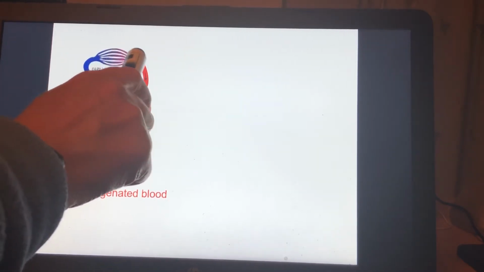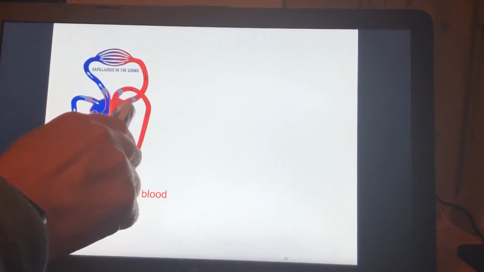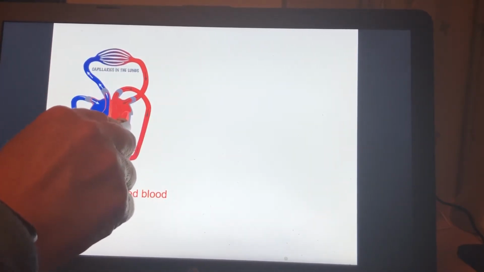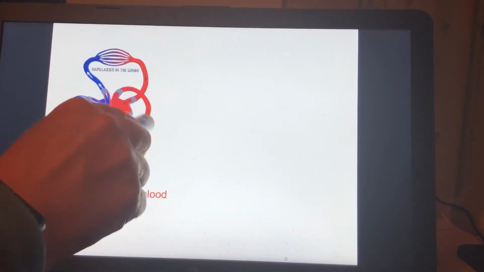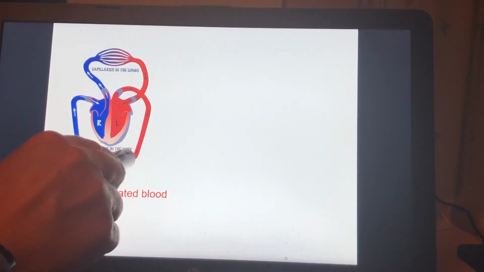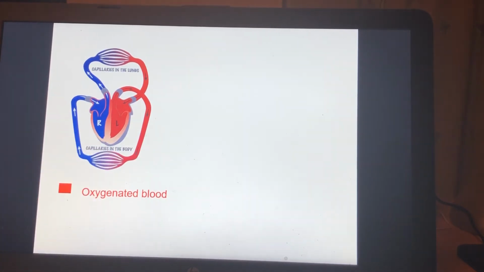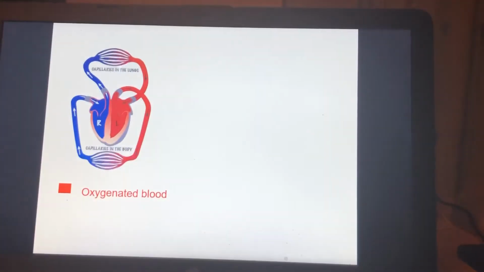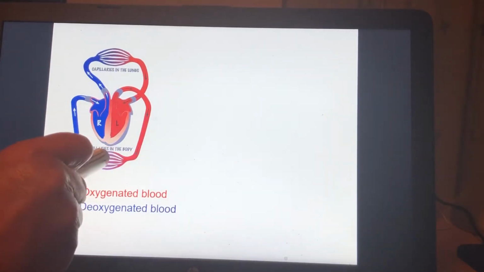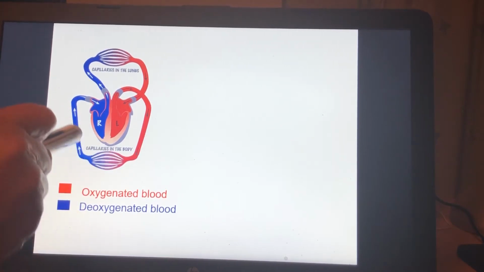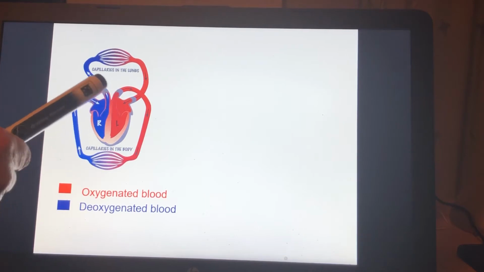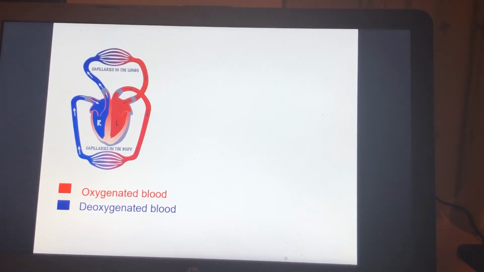So it picks up oxygen and so the blood is now red, oxygenated blood, and goes back to the left side of your heart and it's pumped again, and this time it goes to all of the parts of your body. And that's where it gives up the oxygen to the cells that need it for respiration and picks up the carbon dioxide. And so now the blood is deoxygenated, it's given up more or less all of its oxygen, travels back to the heart, which then pumps it to the lungs, and the whole process starts again.